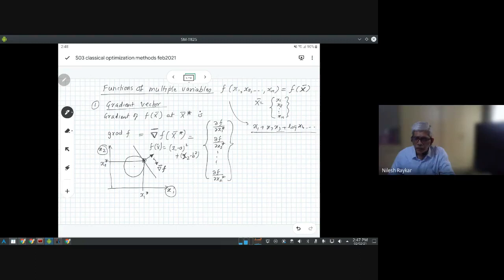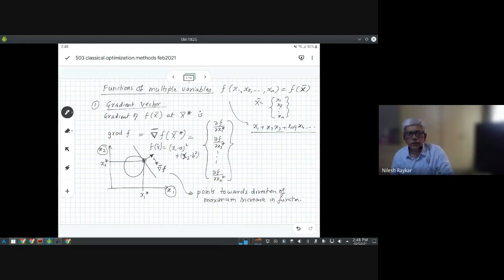This gradient vector always points towards the direction of maximum increase in the function. So that is the physical or geometric interpretation, which is easier to visualize in the case of two-dimensional functions.